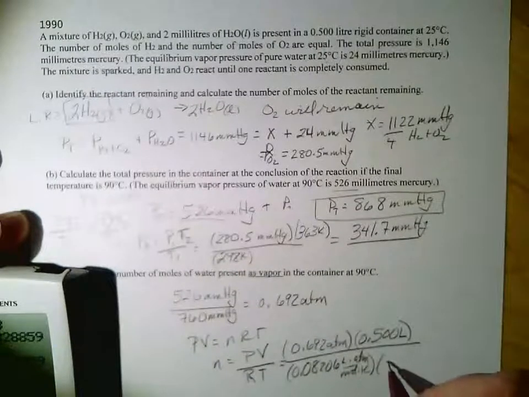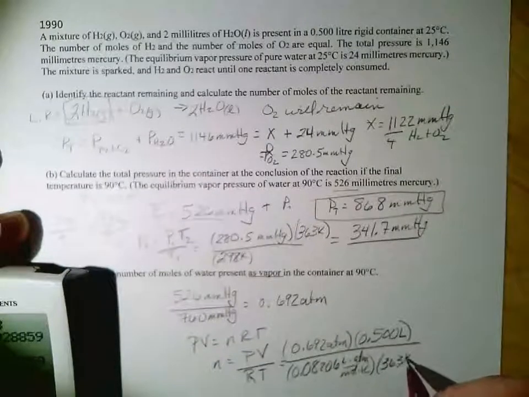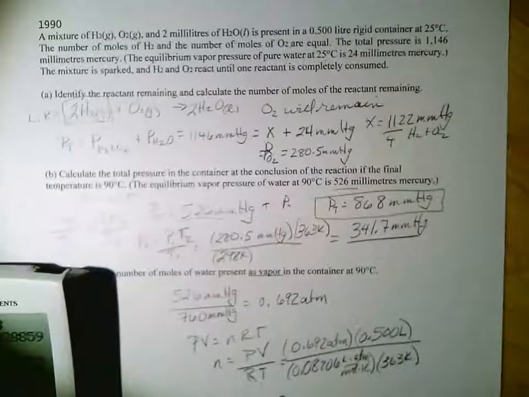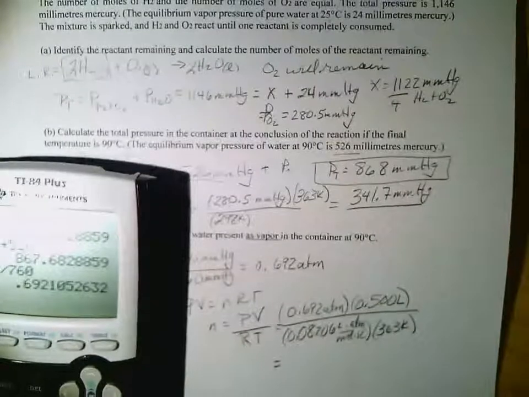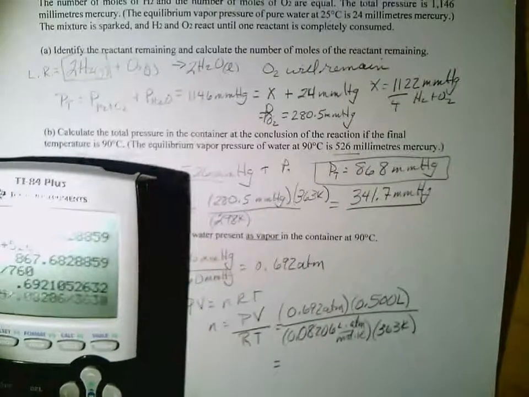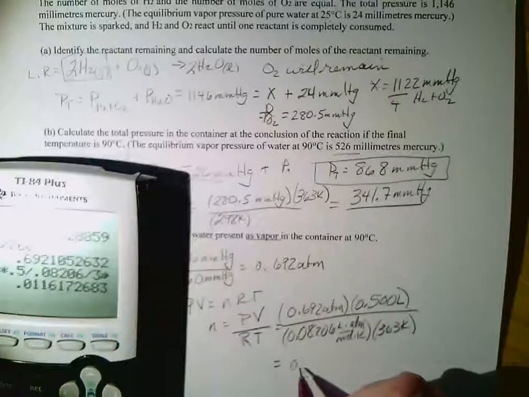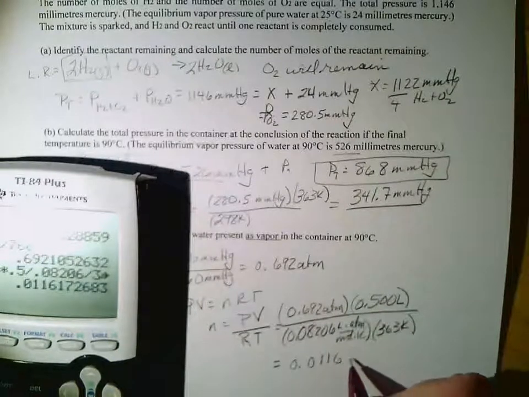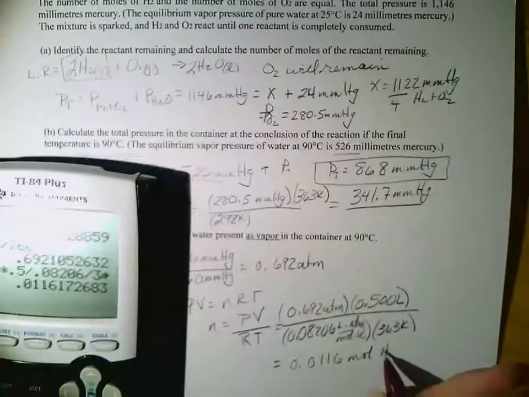And our temperature is still going to be 363 Kelvin. And so I take this number times 0.5, divide by 0.08206, and divide by 363 equals, and I get 0.0116 moles H2O.